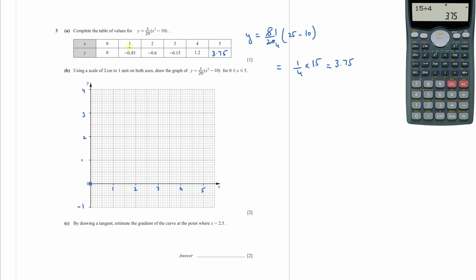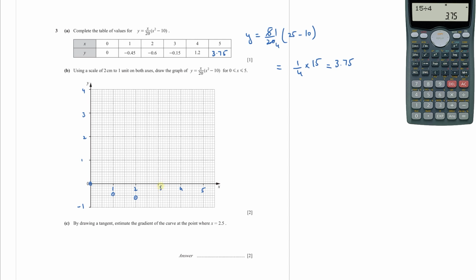Next value is 1 and minus 0.45. 1 and minus 0.5 is this, so minus 0.45 will be in the middle of this box. 2 and minus 0.6, minus 0.6 will be here. 3 and minus 0.15. 3 and minus 0.1 is this, so let me erase this and write this a little bit here.